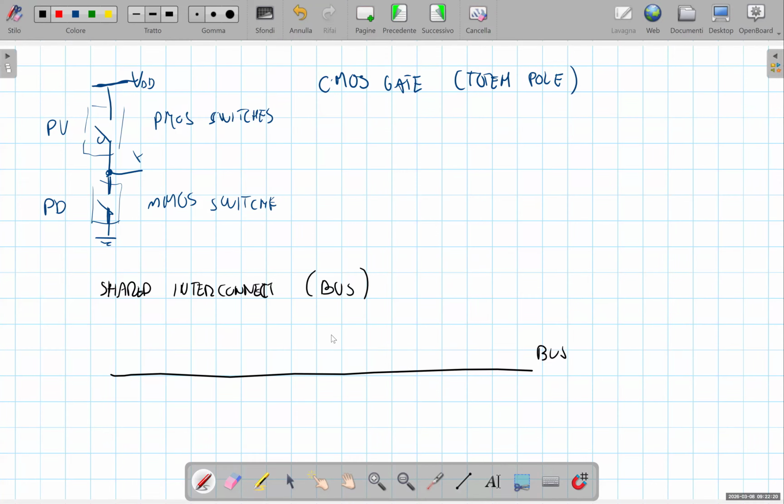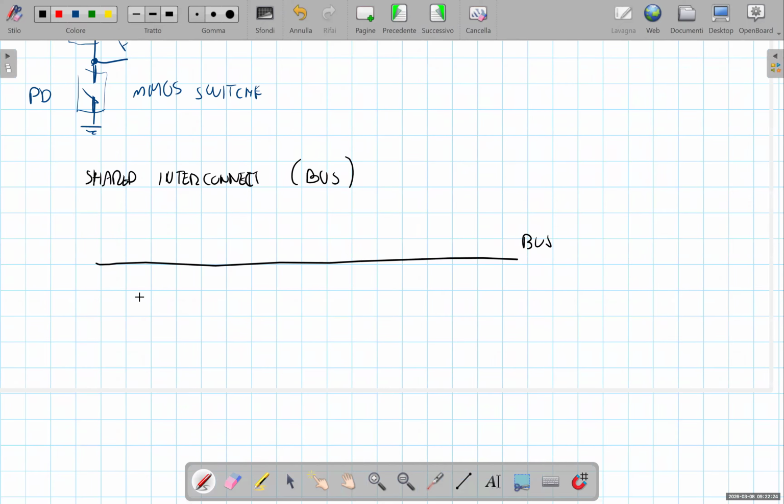What happens at the electrical level when we have CMOS gates, totem pole gates, which work as we have just discussed, and we want to connect the output of these gates to a single shared interconnect?